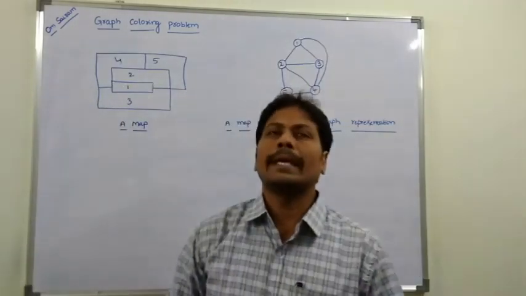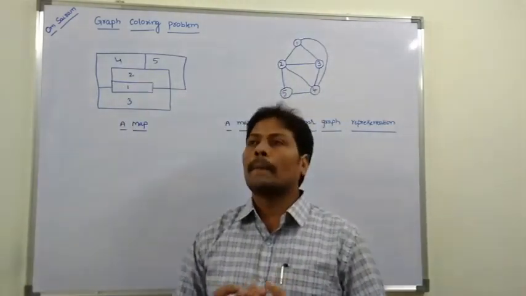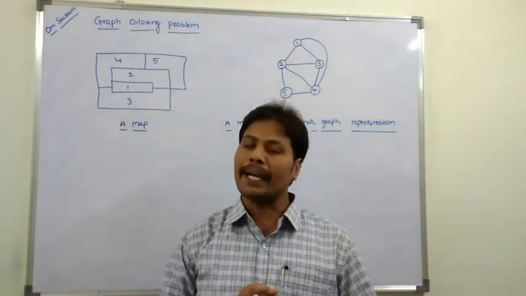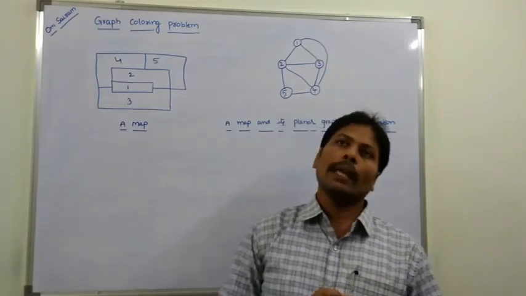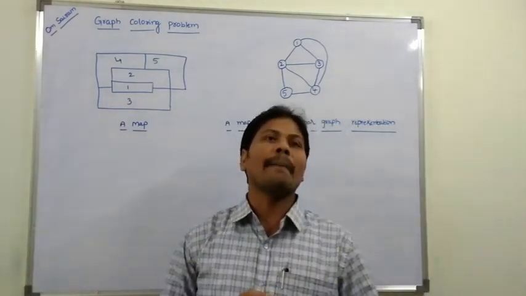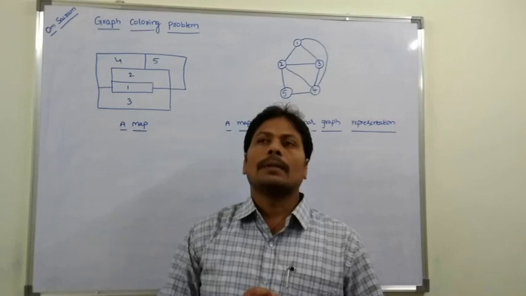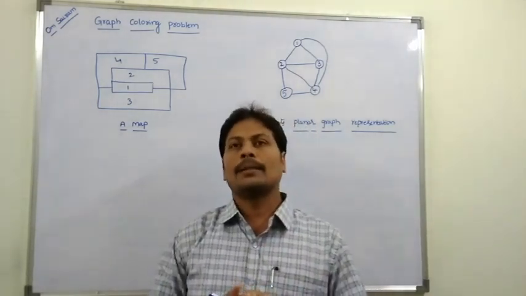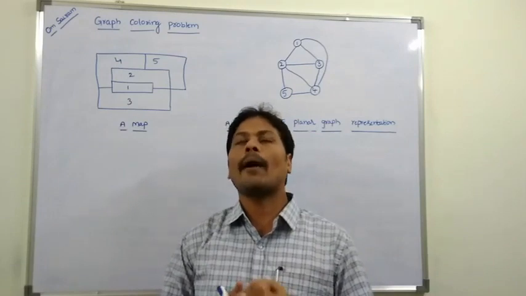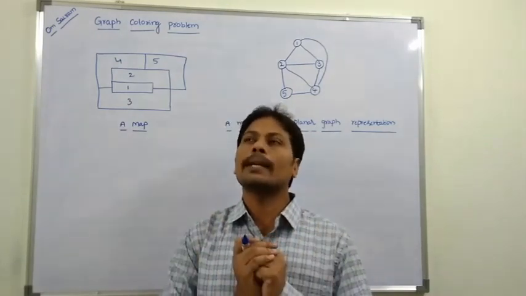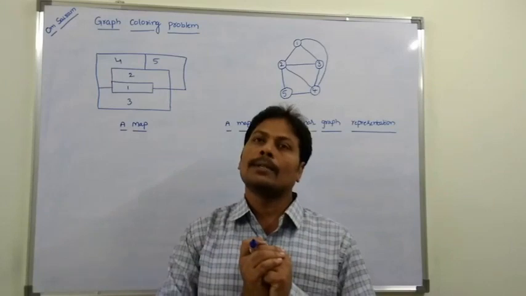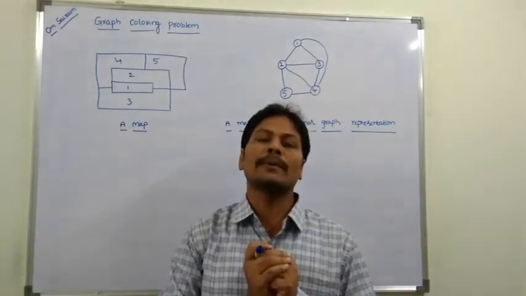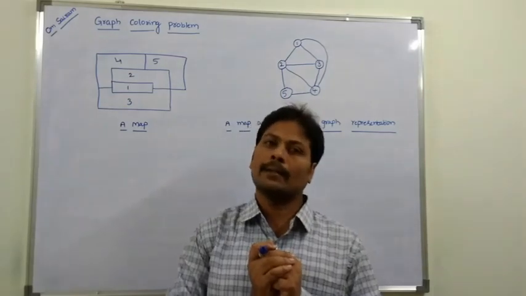Suppose we look at a state map or a country map. In the country map, the country has some states, and these states are adjacent to each other. The adjacent states can be represented by using different colors.